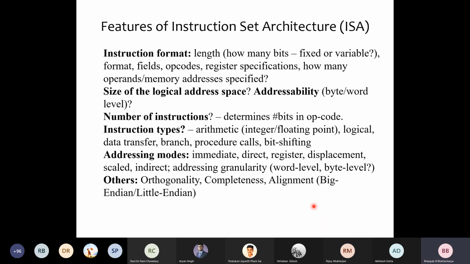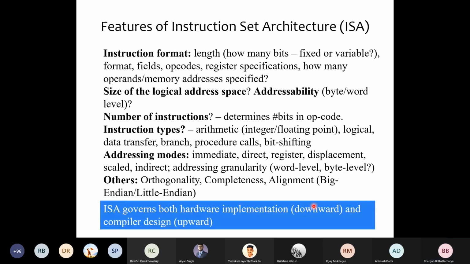There are alignment issues also, like big endian, little endian, which will be discussed later on. On top of it, this instruction set architecture governs both hardware implementation in the downward direction and the compiler design in the upward direction.